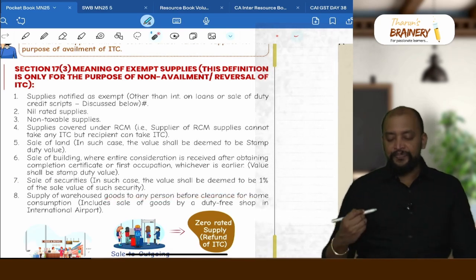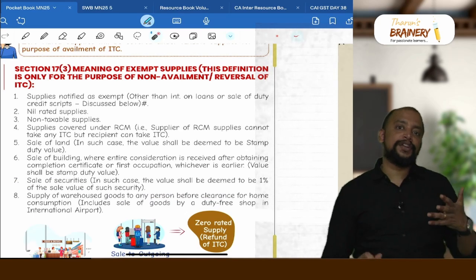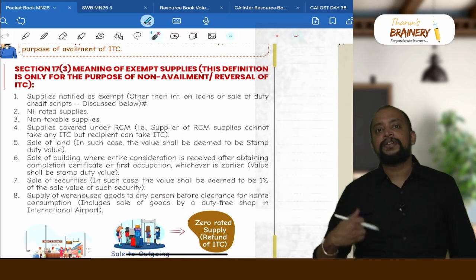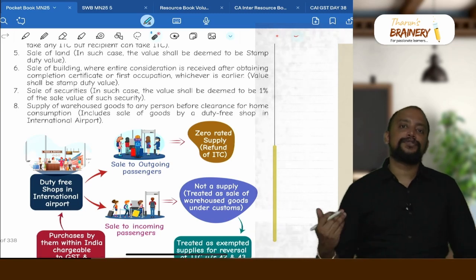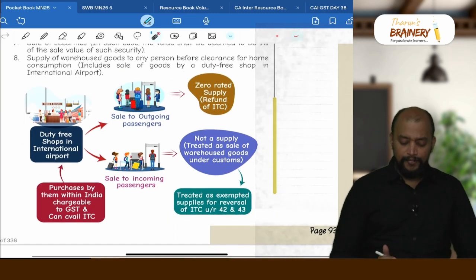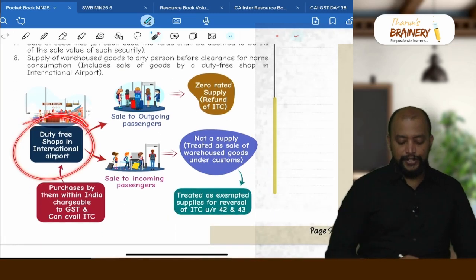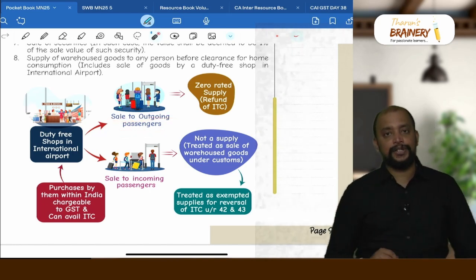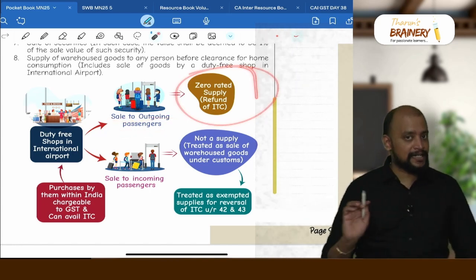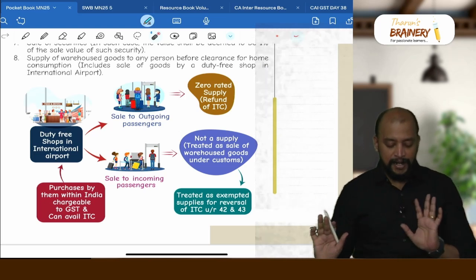So this is also whenever there is a duty free shop and that duty free shop is making sale to incoming passenger, that will be sale of warehoused goods which is excluded. Okay, now see here, there is a duty free shop at international airport, they are making sale to outgoing passengers. So what is it? It's a zero rated supply and normal refund of ITC can be availed.